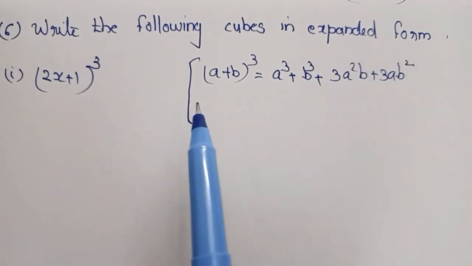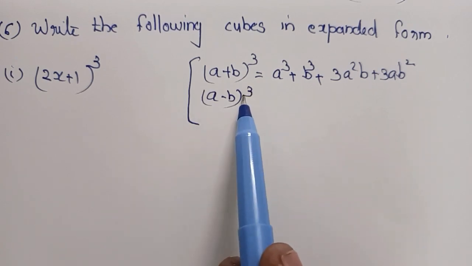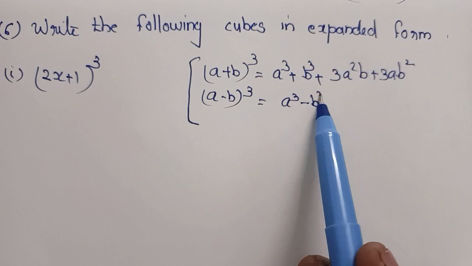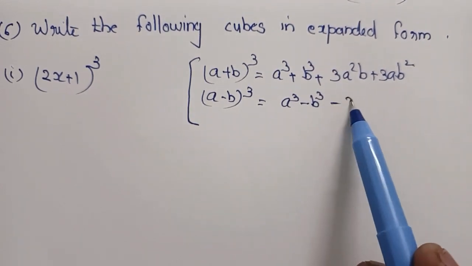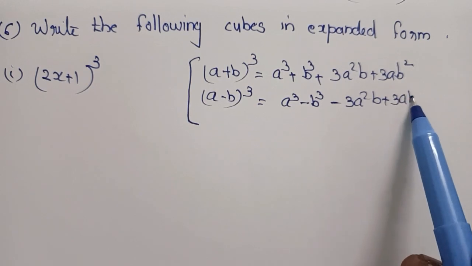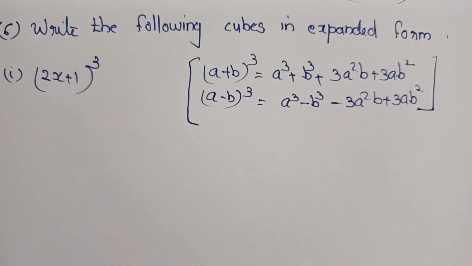And there is one more identity, a minus b the whole cube, that is equal to a cube minus b cube minus 3a square b plus 3a b square. These two are the identities we are using in this type of questions.